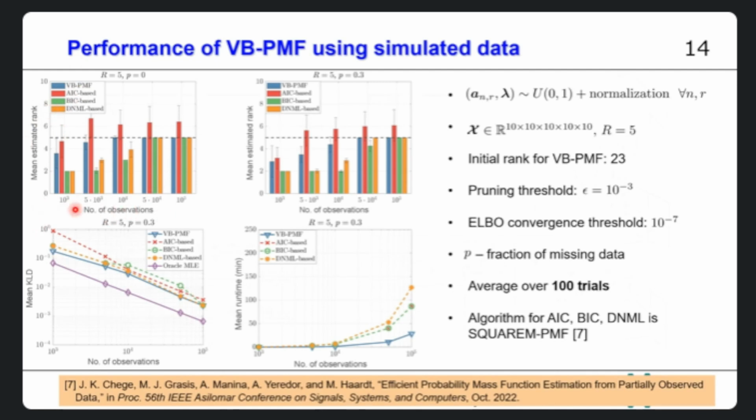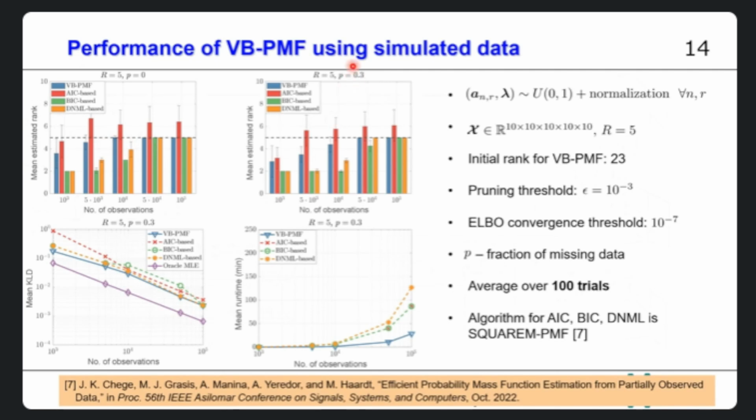This is the number of observations, and this is the mean estimated rank. The line here is the true rank. As you increase the number of observations, you can see that VB-PMF, even at 10 to the power 4 observations, can accurately learn the true rank of the data.